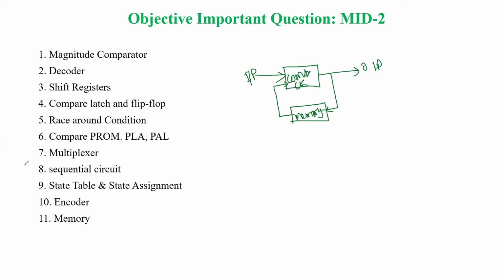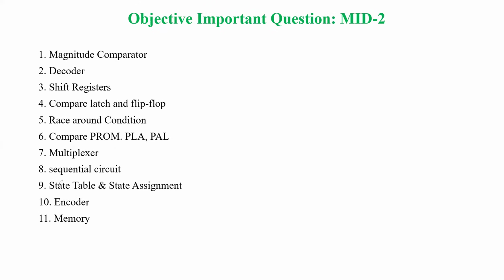Next we have an important question, state table and state assignment. A state table is used to represent the present state and next state for the different inputs, and from the state diagram we are going to write it. So here we have the present state column, another column for the next state.